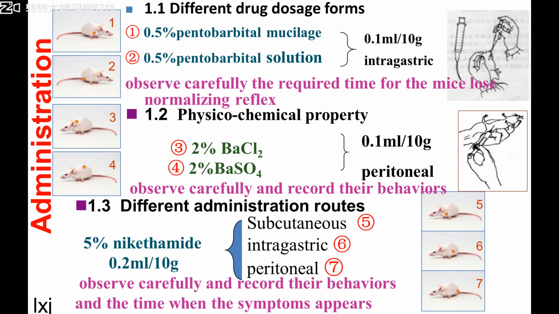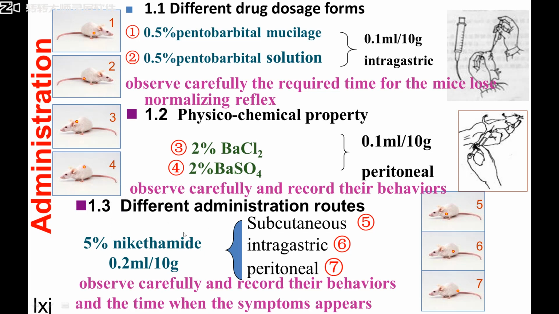Observe the activities of the mice before and after administration and compare. Actually, one is dead, caused by barium chloride. One is still alive, the one given barium sulfate.